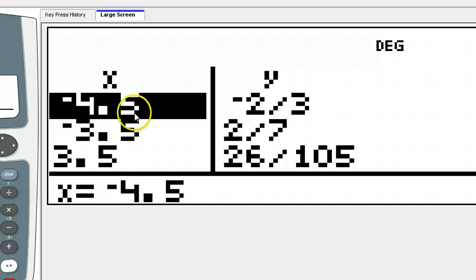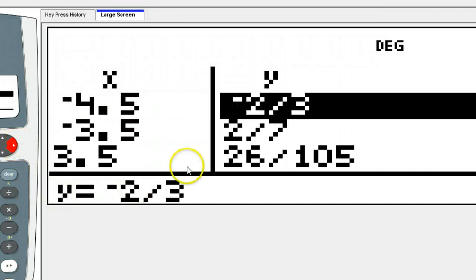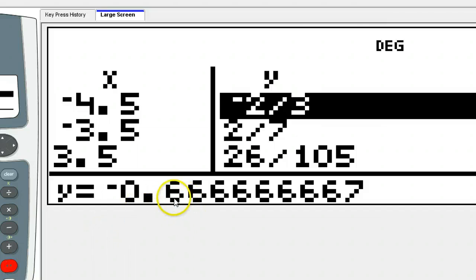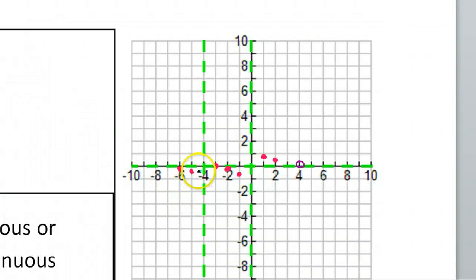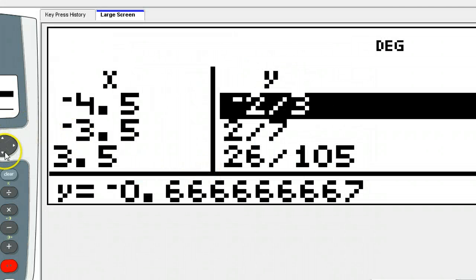Alright, so at negative 4.5, I have negative 2/3. Okay, which is like negative 0.7. So negative 2/3, that's still pretty darn close to the line, but it's like about here. Alright, what about the negative 3.5?